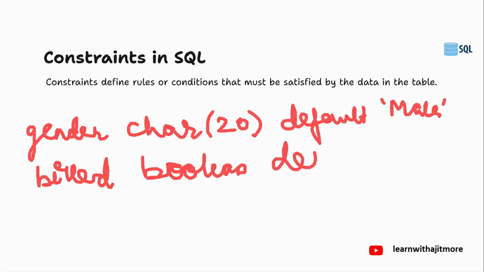And here also I'm putting a default value false. So whenever you are saving any bill record and you are not giving any value to this column, it will take default false. Understanding? Okay. So default is used to give some default value to the column, which will be used in absence of explicit value. Means when you're inserting the record, if you don't give any explicit value, it will use this default value.